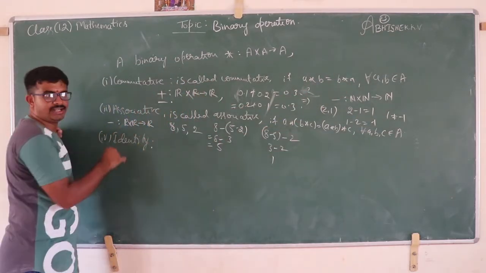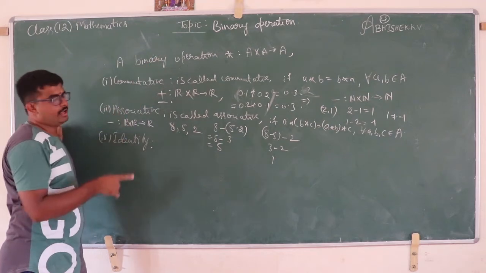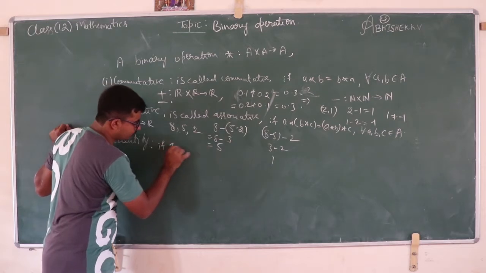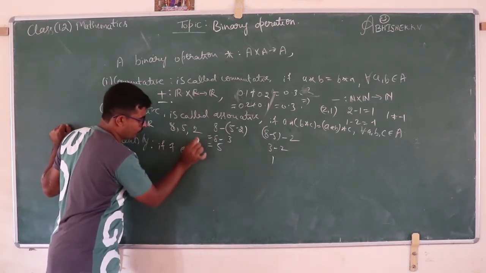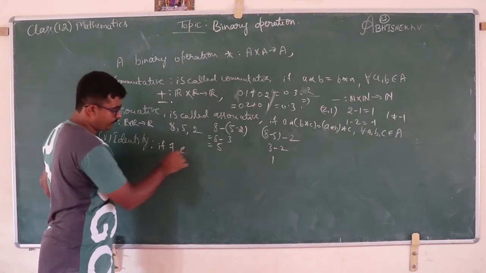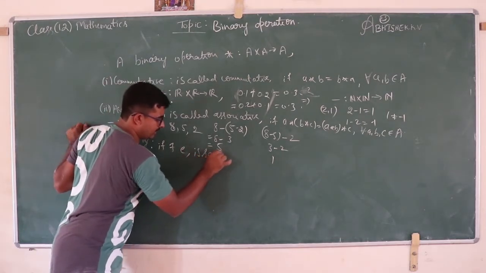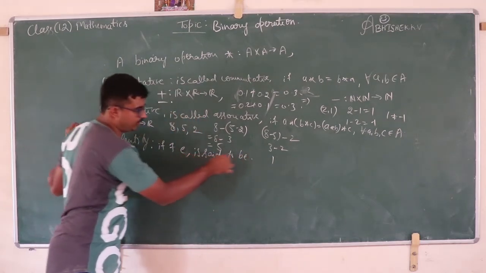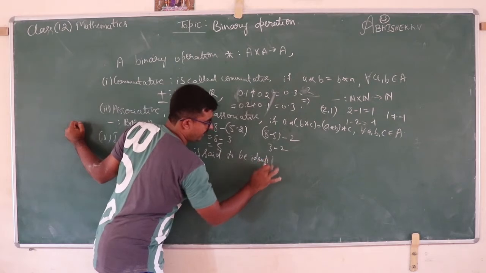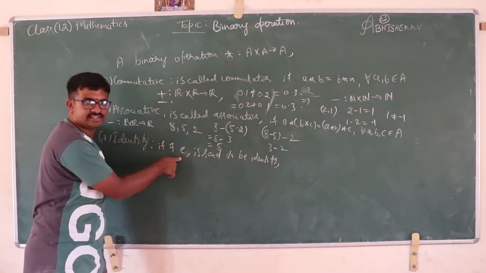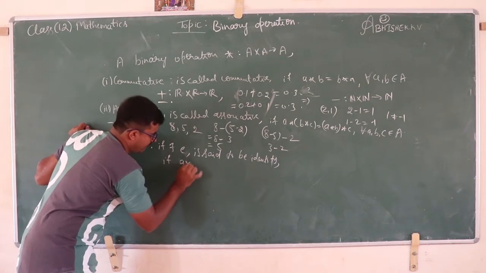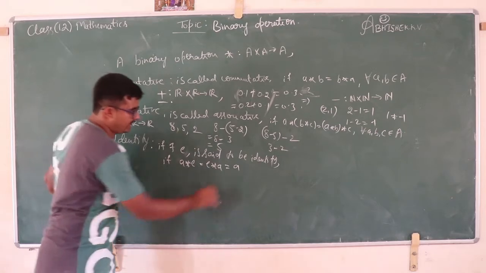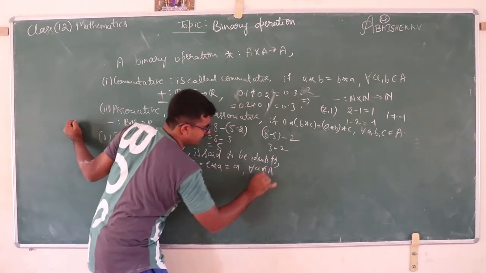Then what about the identity? For a binary operation star on a set A, that is A cross A to A, an element E is said to be the identity if A star E is equal to E star A is equal to A, for all A belonging to the given set.